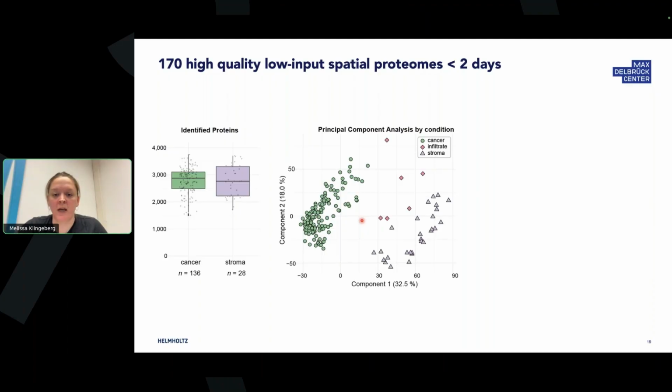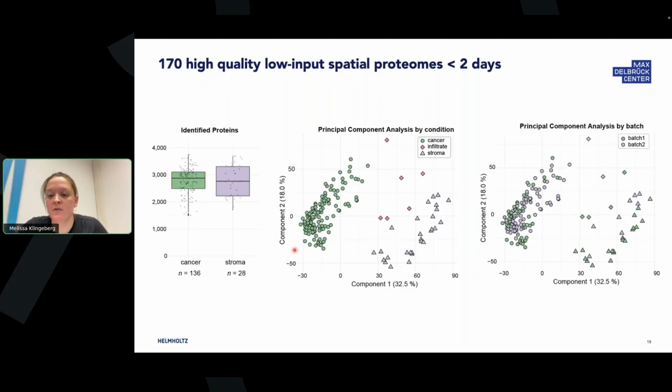And we capture known biology, so they group in different sites in the principal component analysis. We were also happy to see that from the 2 plates we cannot see a batch effect.